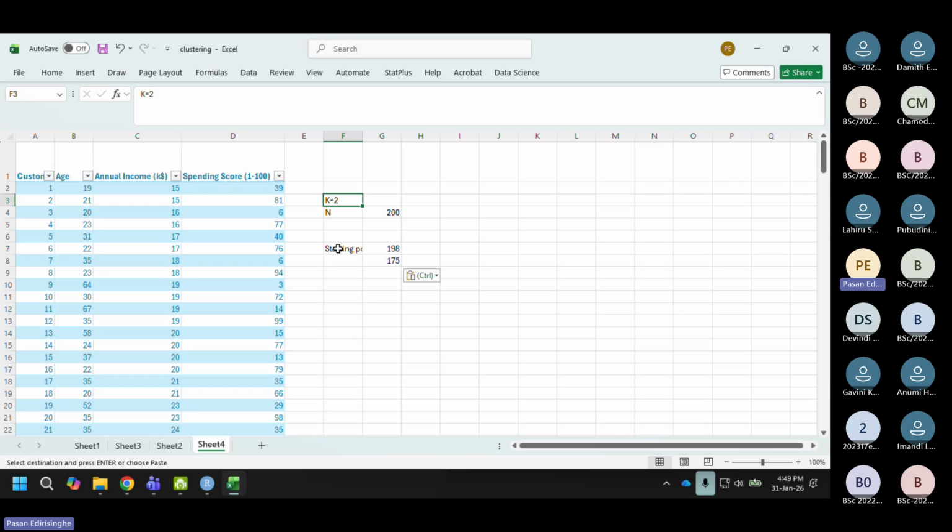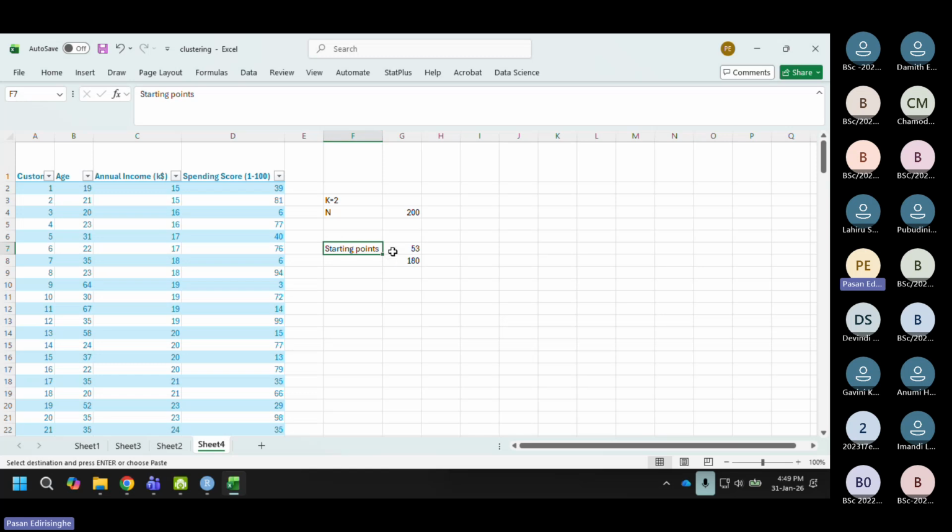And then my starting clusters, these are the starting centers. I'm just randomly selecting some observations as my two centers. That's totally up to you. You can even manually select two numbers as well.